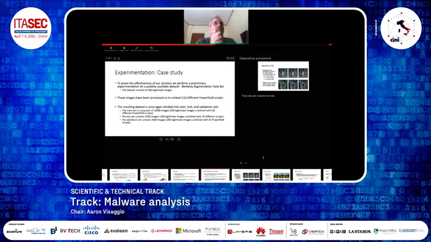As regards experimentation, to prove the effectiveness of our solution, we perform a preliminary experimentation on a publicly available dataset. This dataset consists of 500 legitimate images, and these legitimate images have been processed to embed 110 different PowerShell scripts.